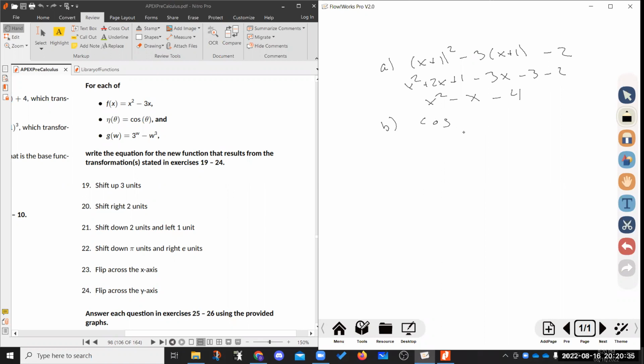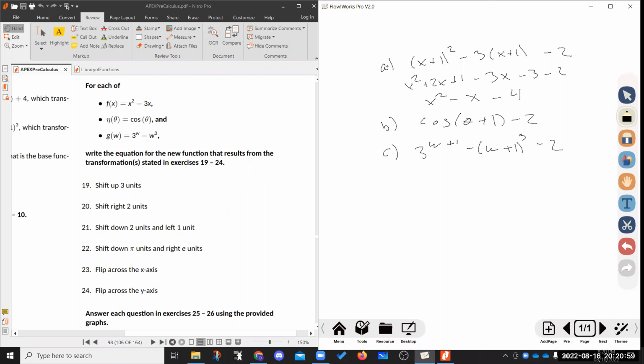Cosine down 2, left 1. And I'm not going to get fancy with this one. Left 1. Down 2. I'm going to leave it like that.